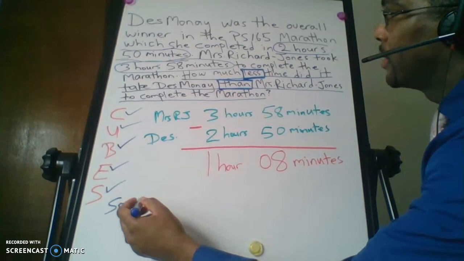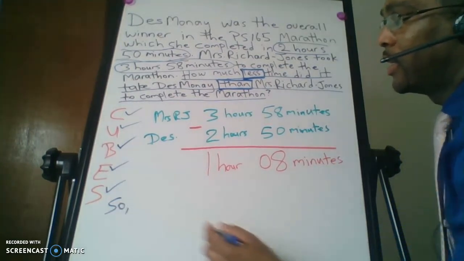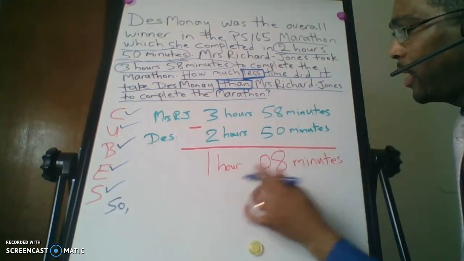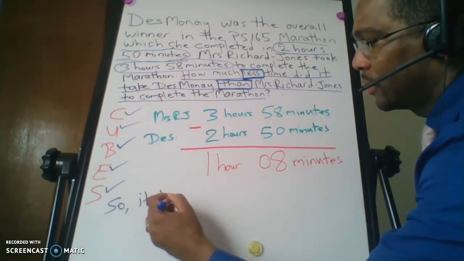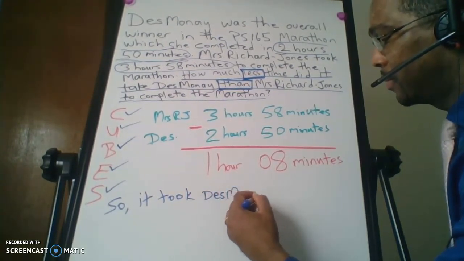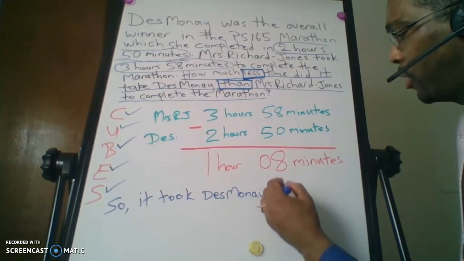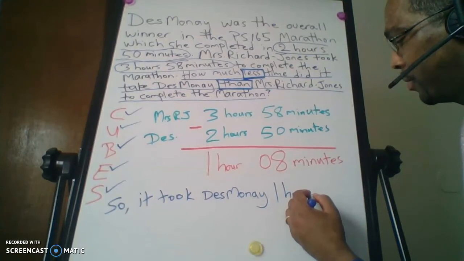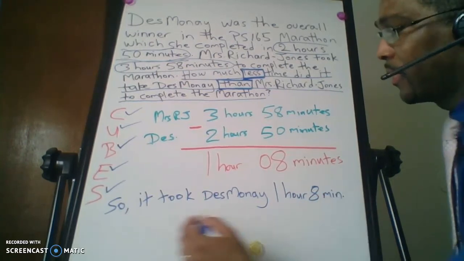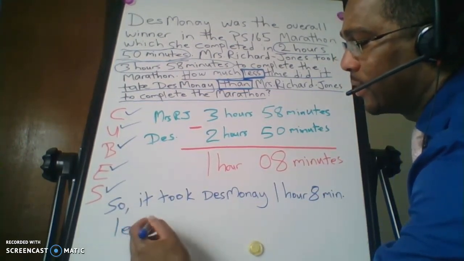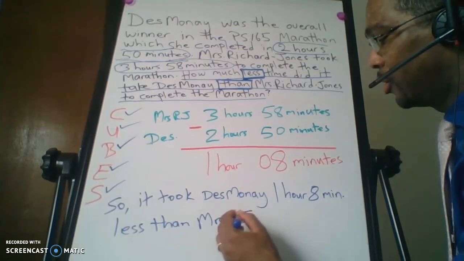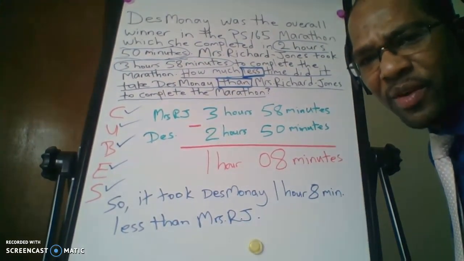So it took Desmond 1 hour 8 minutes less than Miss Richard Jones. Quite frankly, Miss Richard Jones is very, very slow.